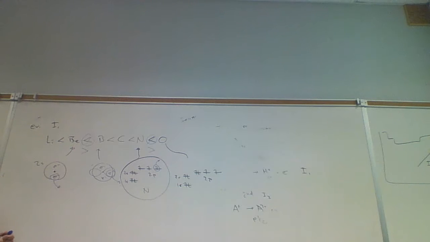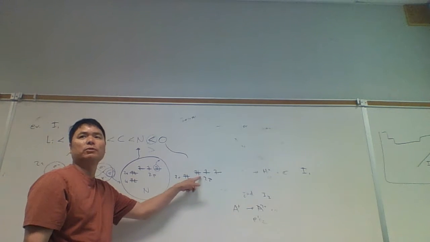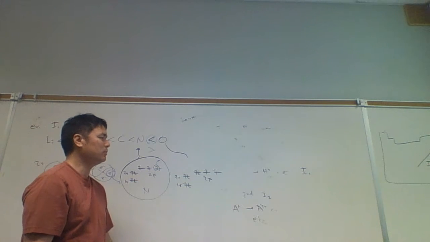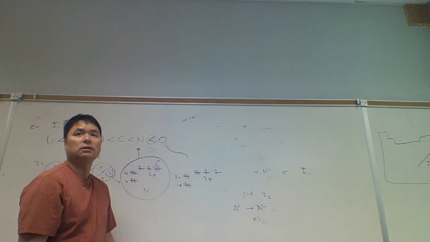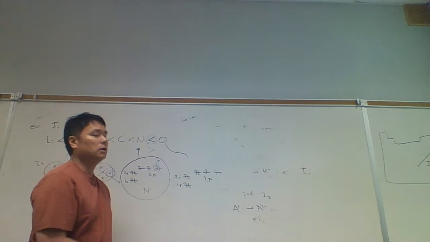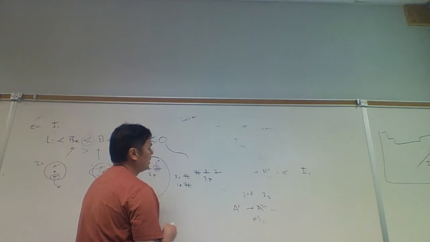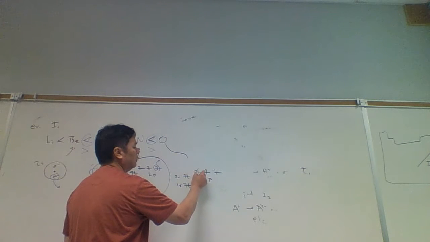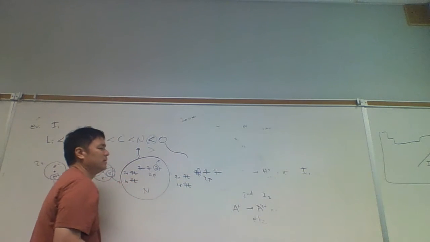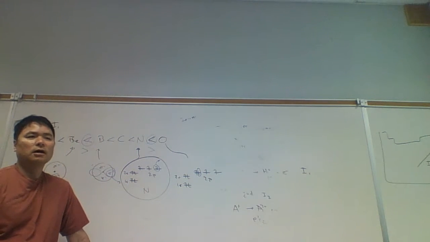And so what's the difference here? The difference is I don't pick any 2p electron, I pick one specifically. Which one do you think would be the easiest to ionize? The easiest one to ionize is this paired electron here. The reason the paired electron is going to be easiest to ionize is because of electron-electron repulsions.